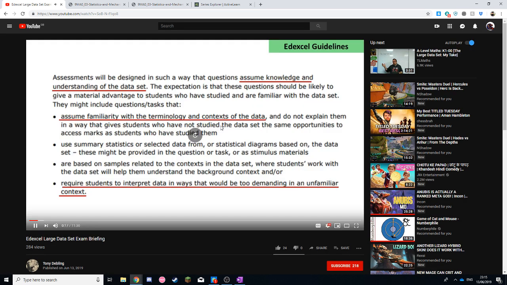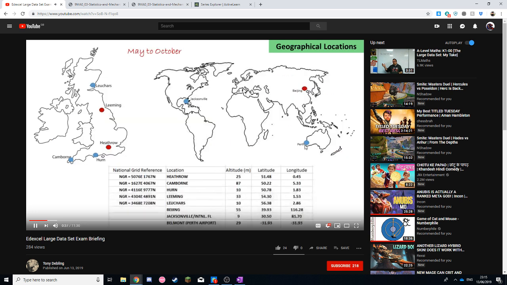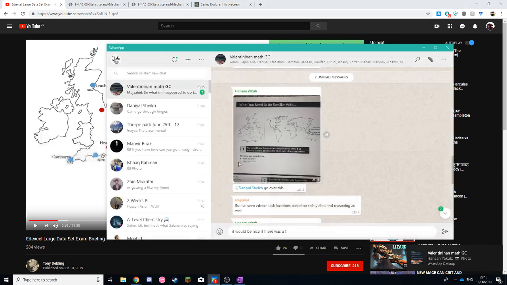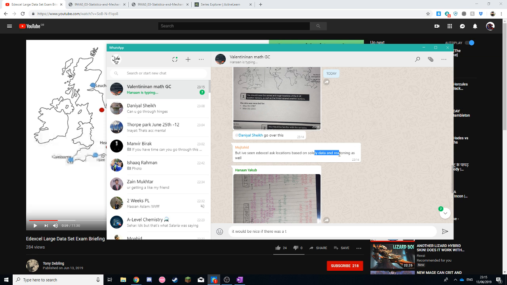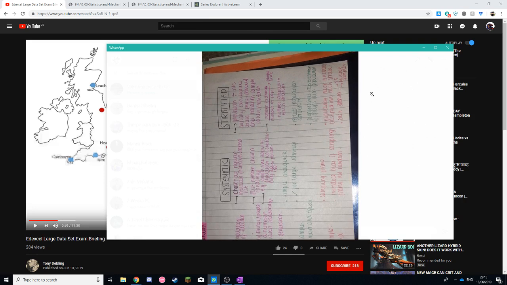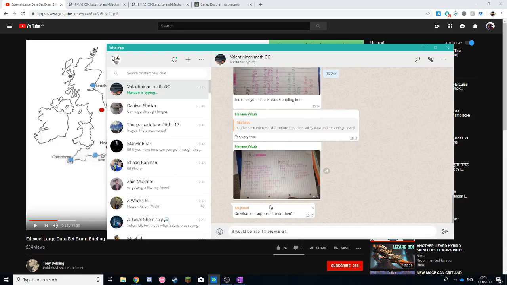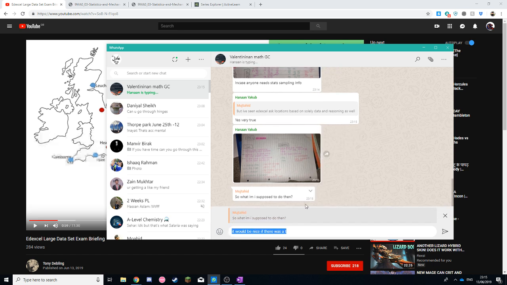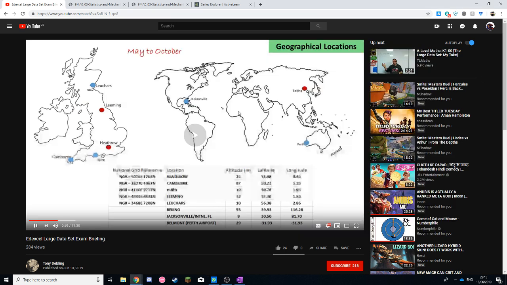Ooh. Hello, and understand the large data set. The large data set includes weather information. Throw location information is collected only from May to October. It's important to remember this.